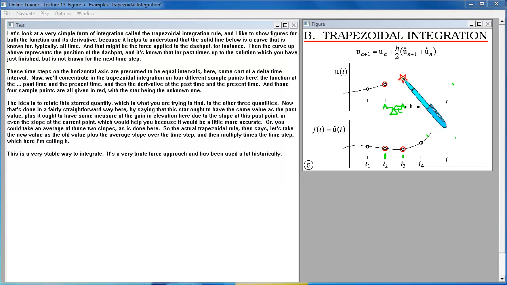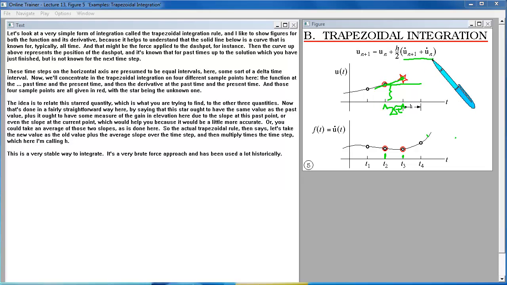Now that's done in a fairly straightforward way here by saying that this star ought to have the same value as the past value, plus it ought to have some measure of the gain in elevation here due to the slope at this past point, or even the slope at the current point, which would help you because it would be a little more accurate. Or you could take an average of those 2 slopes, as is done here.